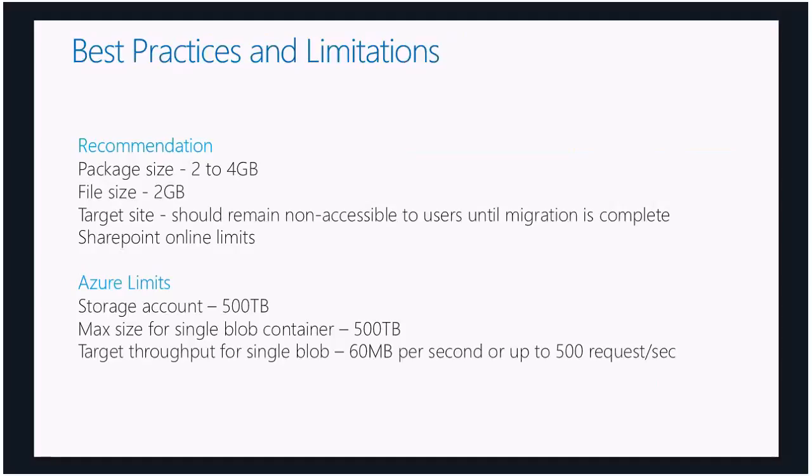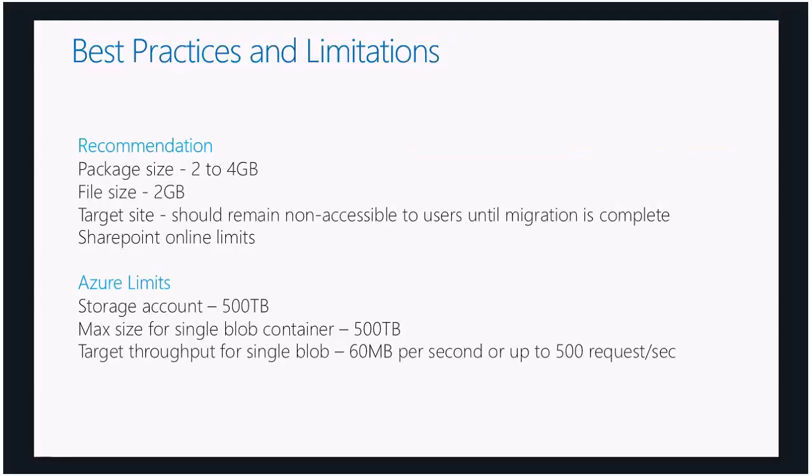The first one is regarding the package size. The recommendation is a package size of 2 to 4 gigabytes. If you have something like 1 terabyte or 10 gigabytes, you probably need to split your files into different packages. Also, when we are performing the migration, we need to make sure the user cannot access these files.